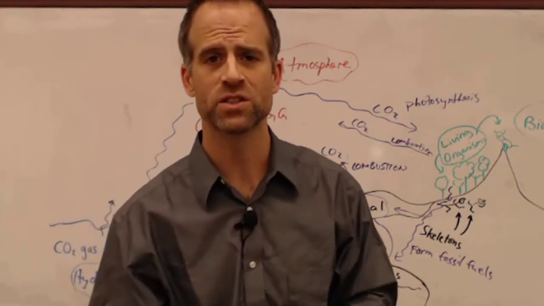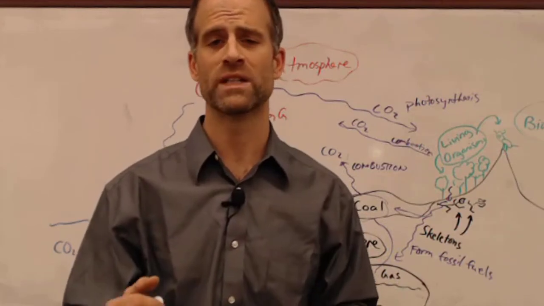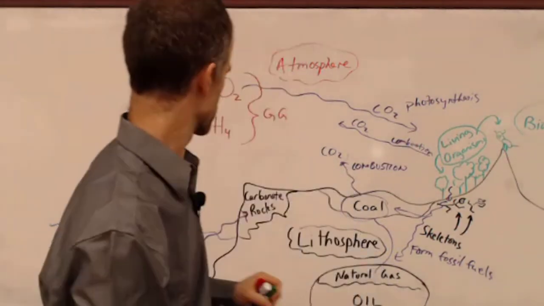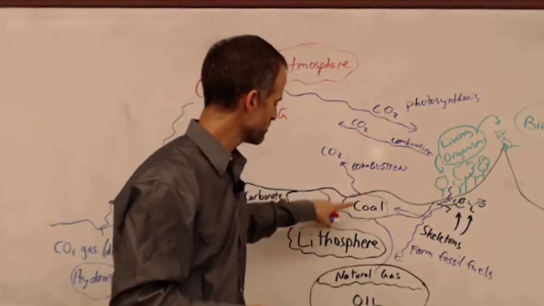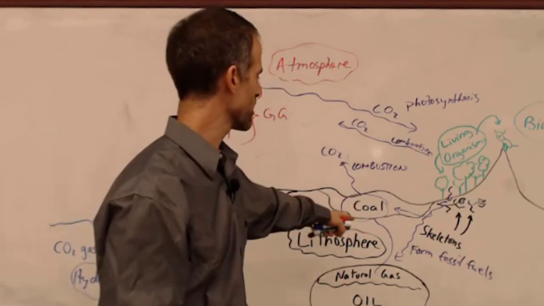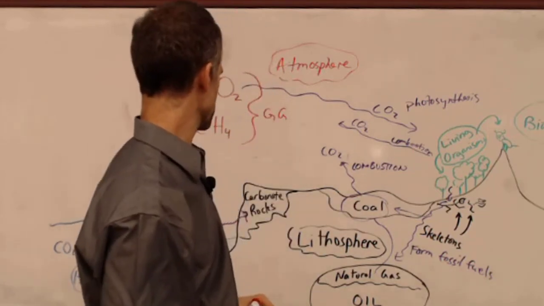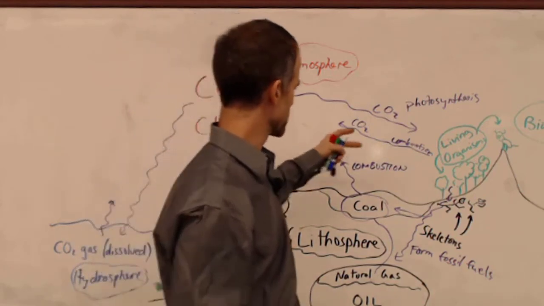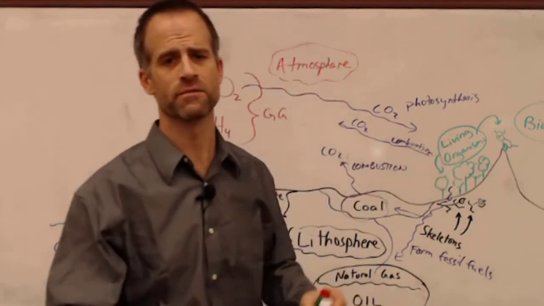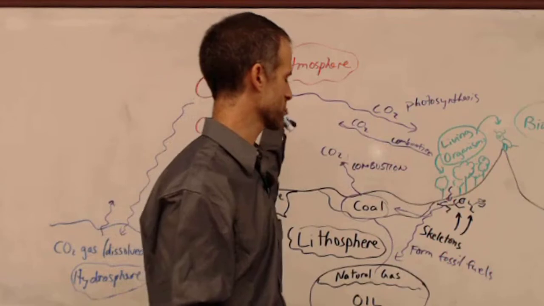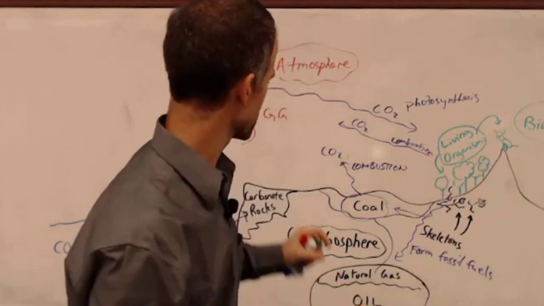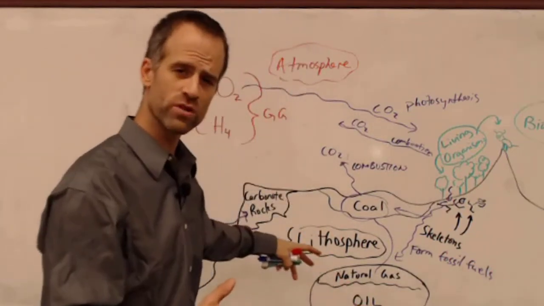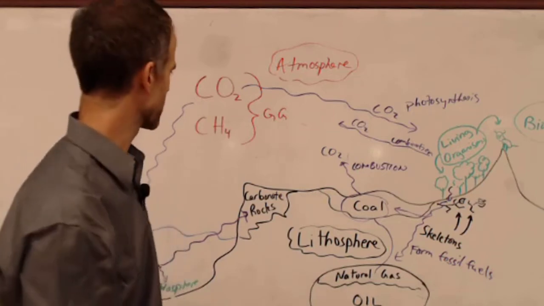When we talk about something that provides carbon to the atmosphere, we say it is a source. So the burning of fossil fuels is a source of carbon dioxide to the air, to the atmosphere. The combustion of plant life is a source of carbon dioxide. However, when something absorbs or stores carbon dioxide, we call it a sink.